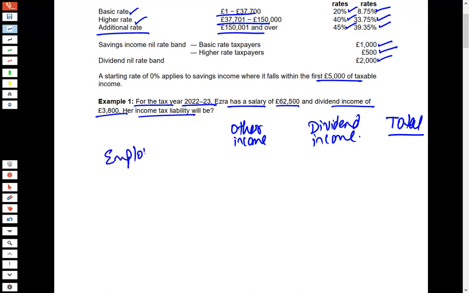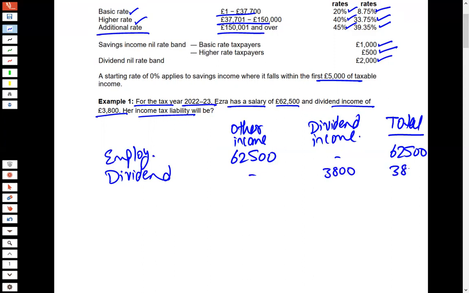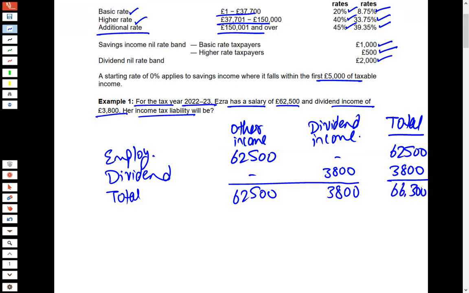Employment income is 62,500. Dividend income 3,800. As a result, total income is 66,300. If there is any casting error, I apologise in advance.